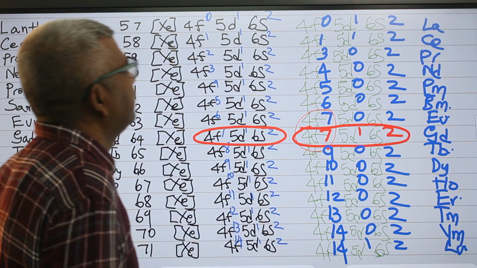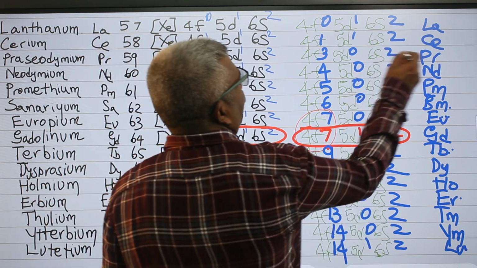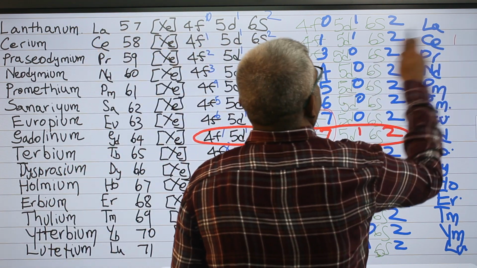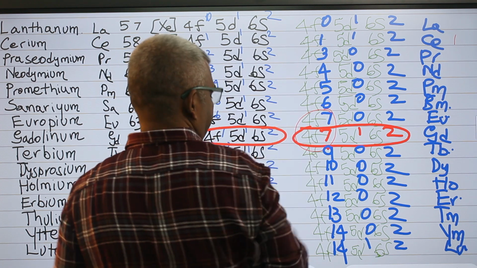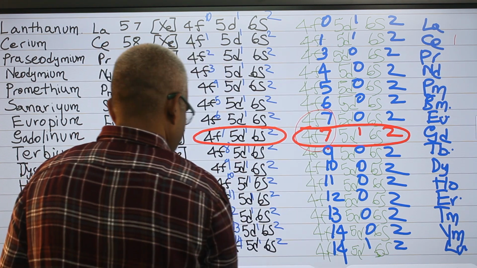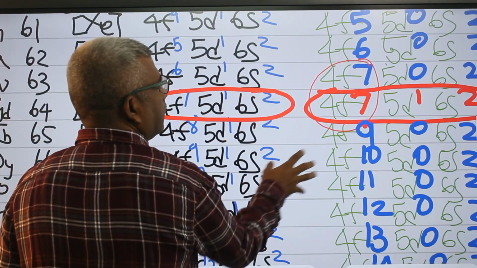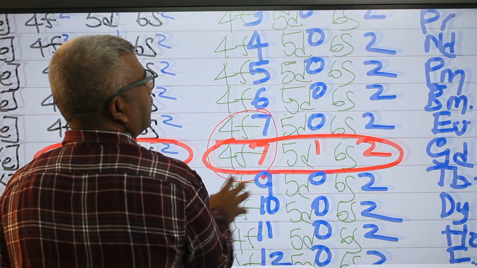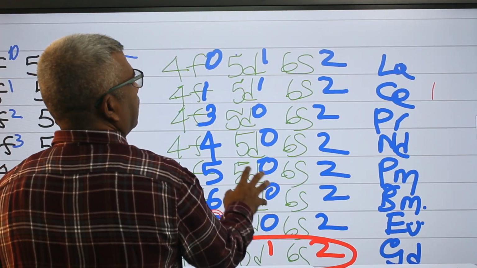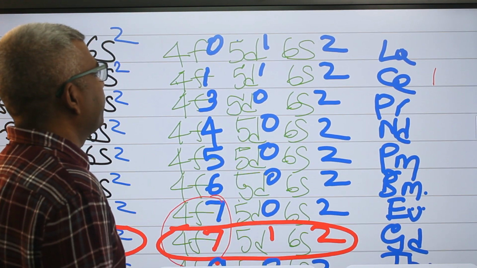Now you see, cerium will exhibit +4. Why?